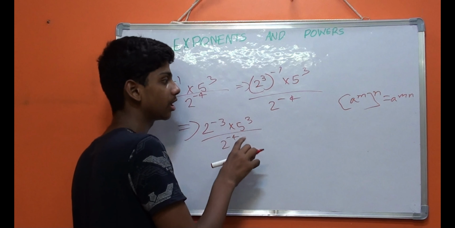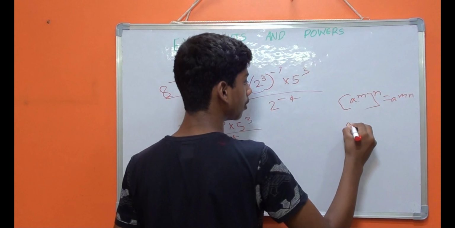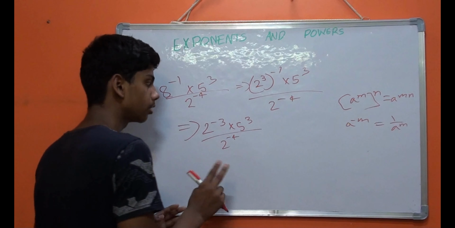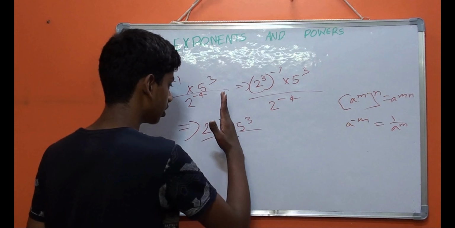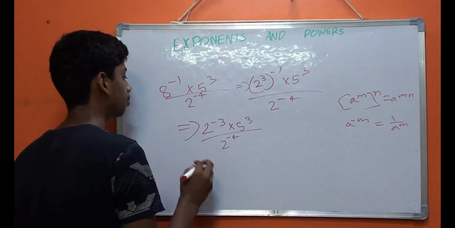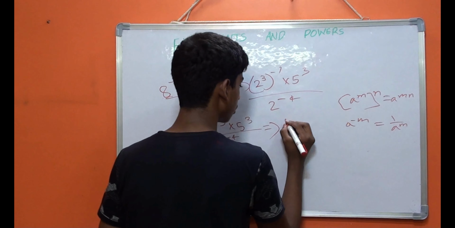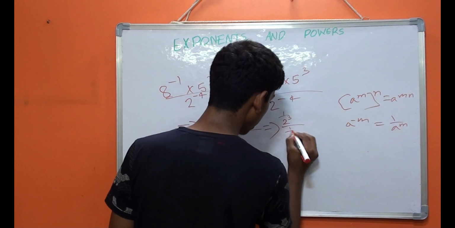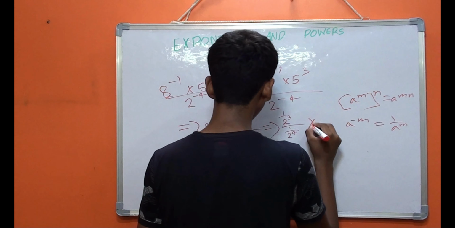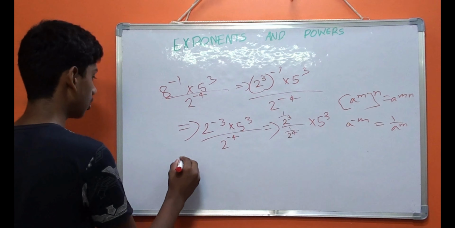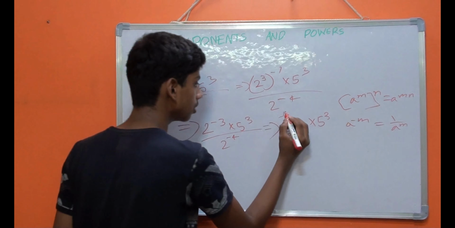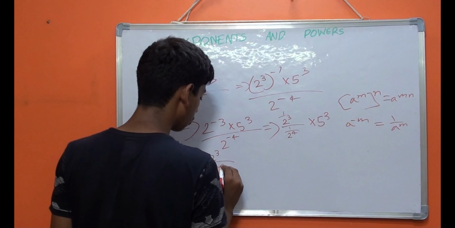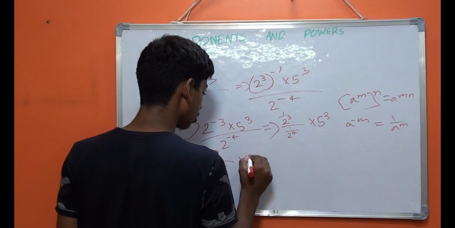Now we are going to expand this. So a power minus m equals 1 by a power m, right? For a while we will not consider this 5 cube. We would write it as 1 by 2 cube by 1 by 2 power 4 into 5 cube. Now here we would write it as 2 power 4 by 2 power 3 into 5 cube.